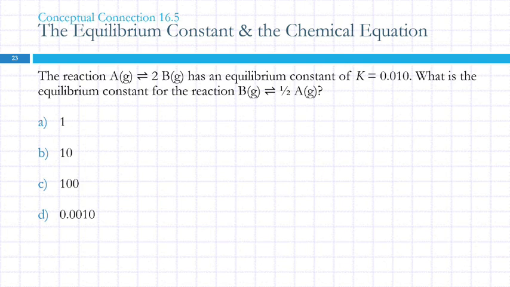What's one difference? The coefficients, right? So this was a coefficient of 2, and now it's 1. This was 1, and now it's 1/2. So the coefficients were divided by 2 or multiplied by 1/2. So then we're going to take that equilibrium constant.